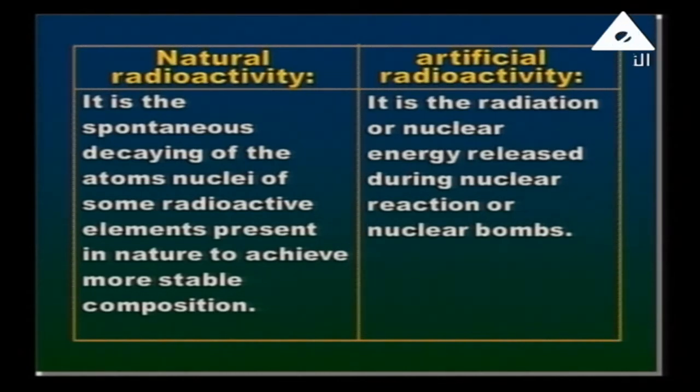Artificial radioactivity is the radiation or nuclear energy released during a nuclear reaction inside the nuclear reactor or in the formation of a nuclear bomb.